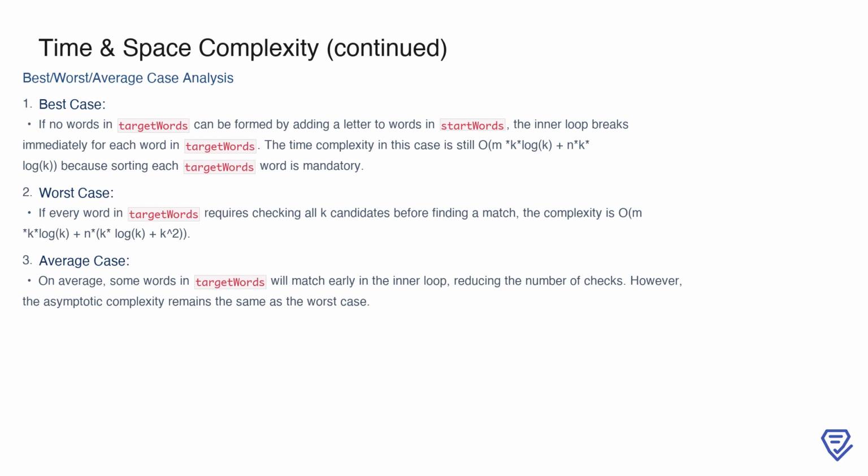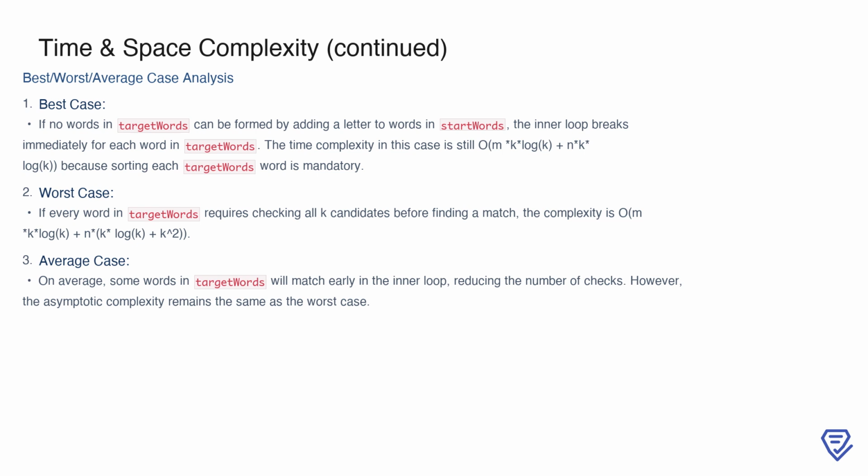Analyzing the best, worst, and average case scenarios provides additional insight into the behavior of the algorithm. In the best case, none of the words in target words can be formed by adding a letter to words in start words. Here, the inner loop breaks immediately for each word in target words, and the time complexity simplifies to O(m*k*log k plus n*k*log k), as sorting each word remains mandatory.